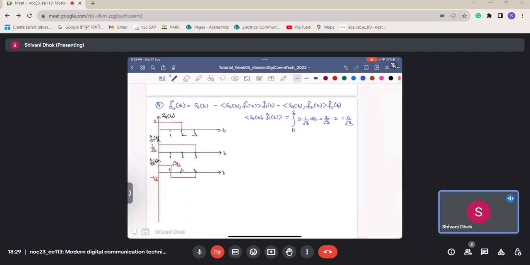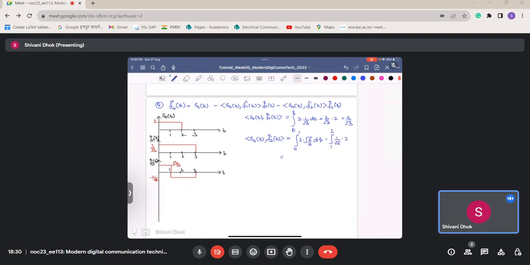Okay, now similarly, let us find the inner product of s4 of t with f2 hat of t, and again it will be non-zero in this range. However, this f2 hat of t changes: it is positive here and some negative value here. So I can write this as integral 0 to 1 of 2 into under root 2 by 3 dt, minus integral 1 to 2 of 1 by root 6 into 2.